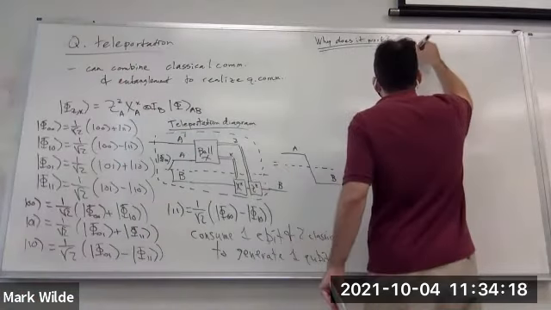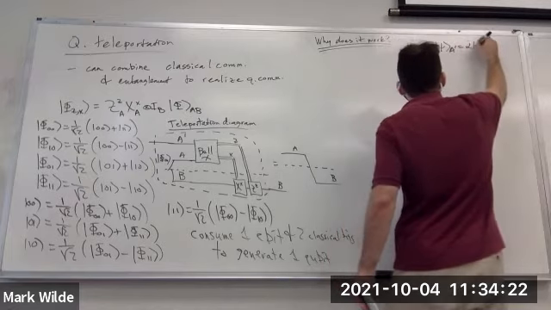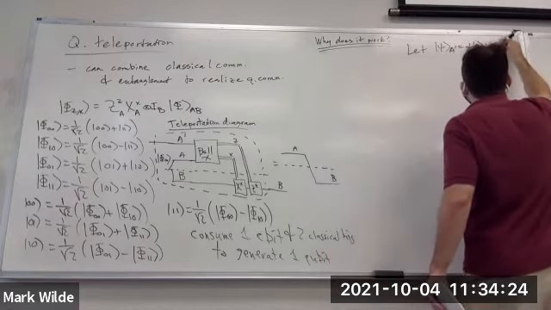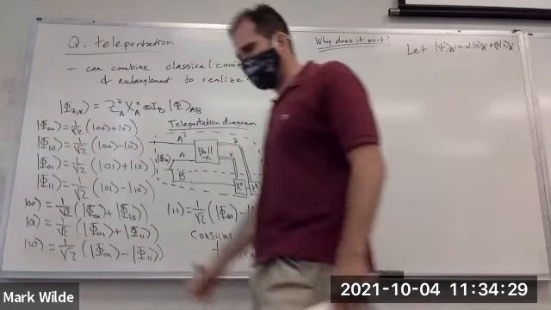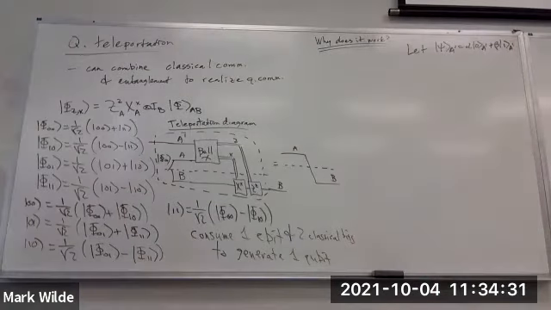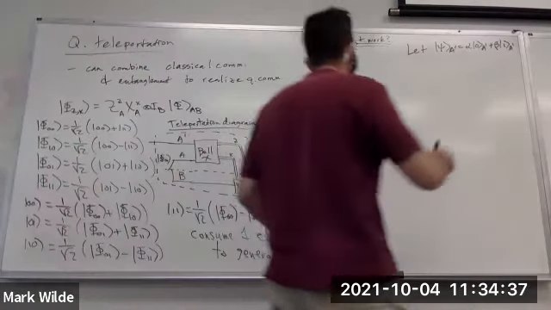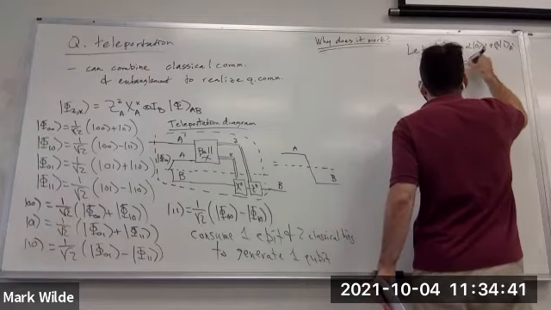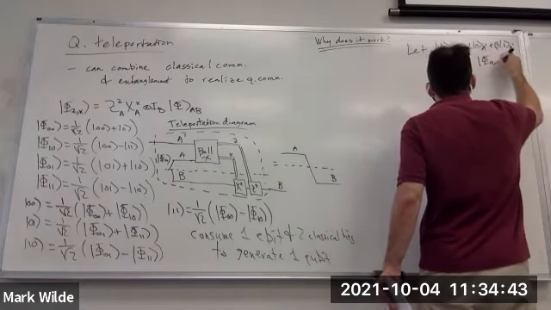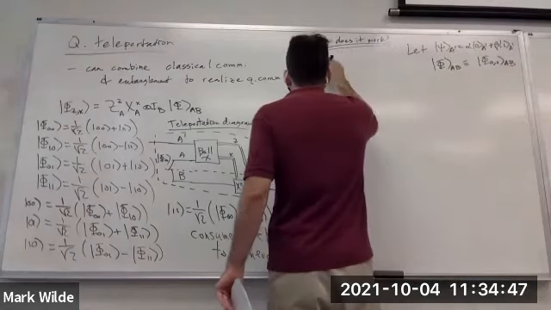So let psi A prime be alpha 0 plus beta 1. This is the qubit state vector to be teleported. And the initial entangled state will be, let's call it phi AB, a shorthand for phi 0, 0.